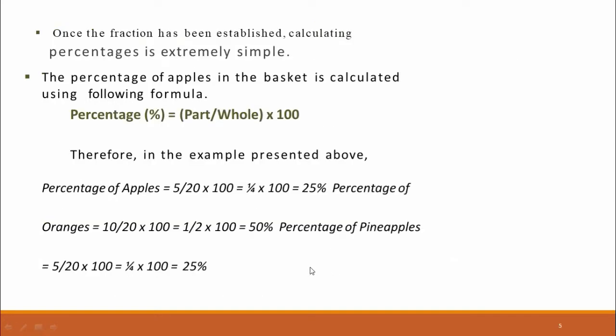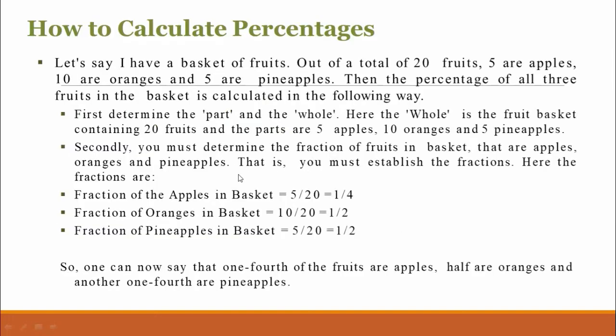Now, once the fraction has been established, then calculating the percentage is extremely simple. So this is the first point, which is very important. First of all, point out the total and then obtain the fraction of apples, fraction of oranges, and fraction of pineapples.